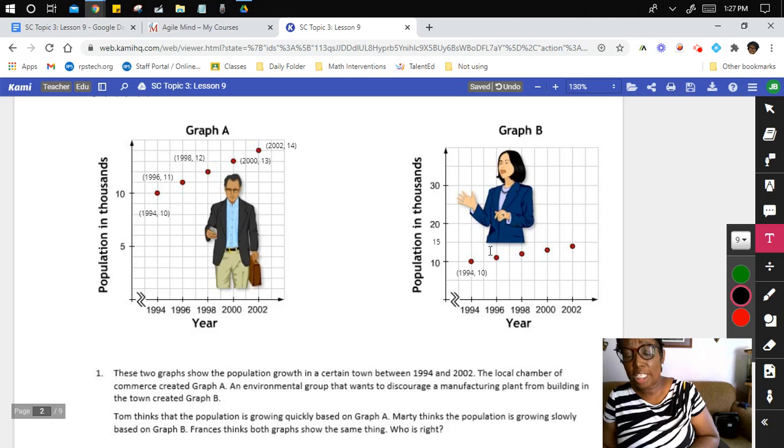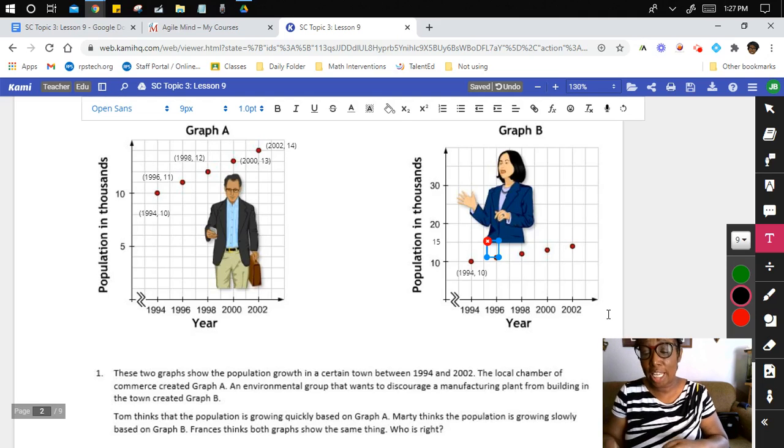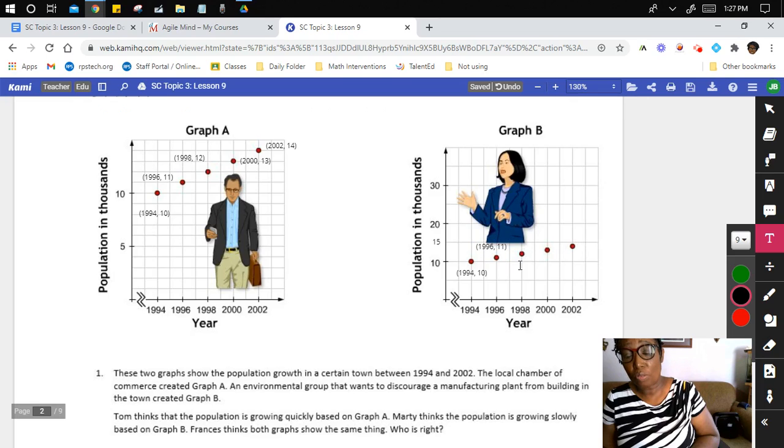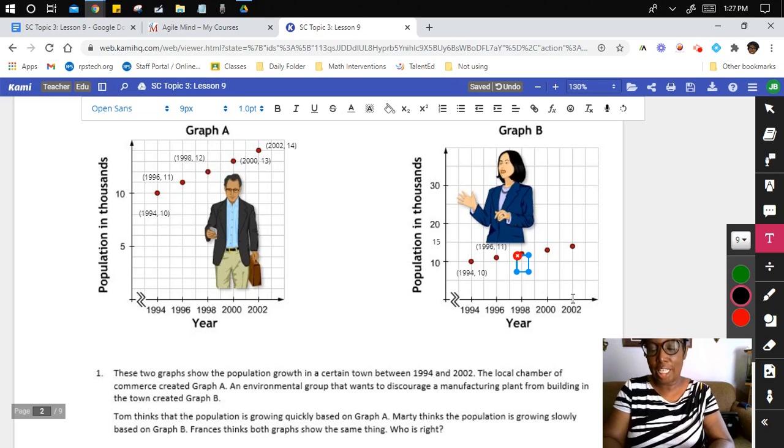So I'm going to guesstimate and say right here it is 1996, and this was 11. Here I'm going to guesstimate too, because I have 3 points on my line between 10 and 15, and one of them is not 15, so this one has to be 12, and that's in 1998.